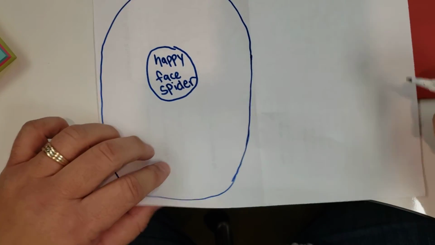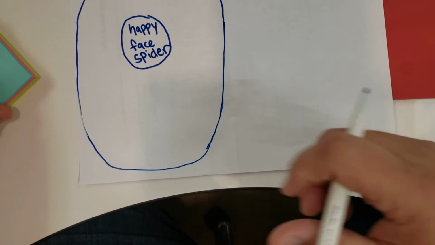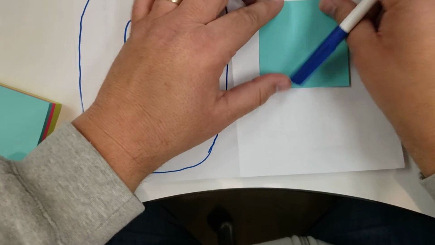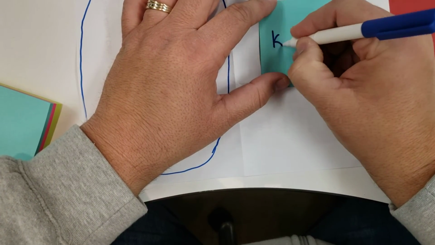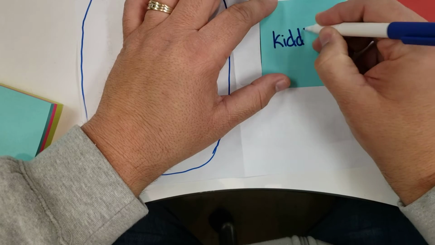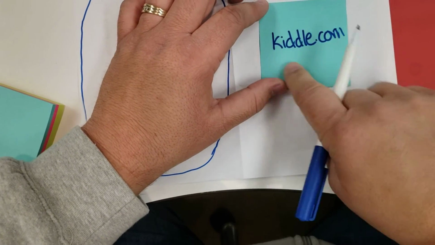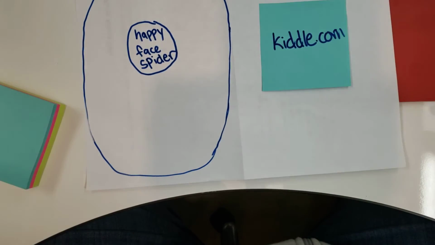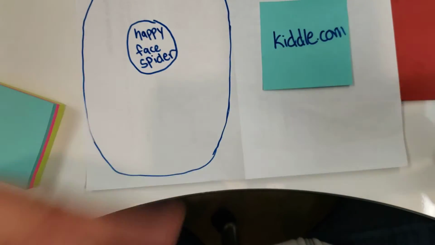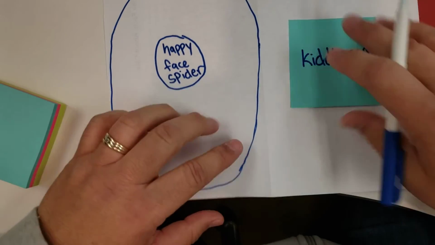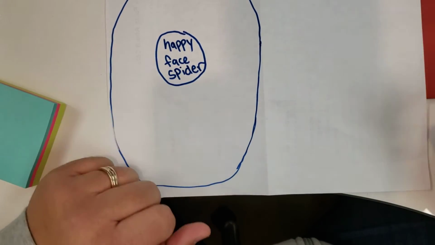If you're worried about finding something that might be more kid-friendly, you can go to a website called Kiddle, KIDDLE.com, and then you can search there. It'll have stuff that's geared towards kids, so you're not getting scientific journals about this information. So you can do that as well.